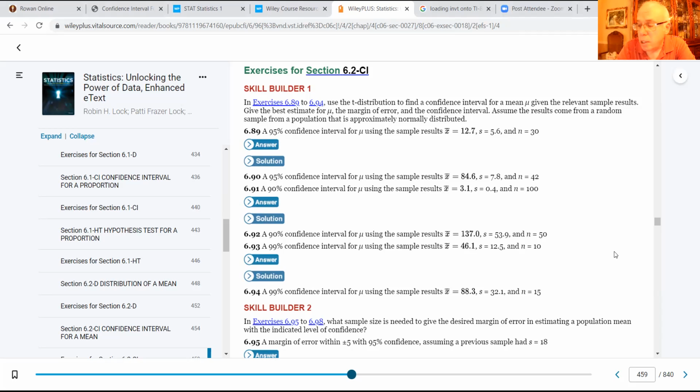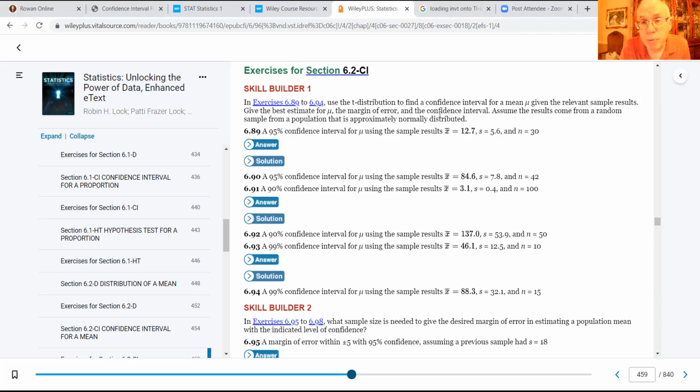So we know that according to the central limit theorem, the sampling distribution is going to be normal. Now it does say here, if you look in the body of this problem, assume the results come from a random sample from a population that is approximately normally distributed. Since they tell you the population is normally distributed, it doesn't matter the sample size. We can have a sample size of less than 30.